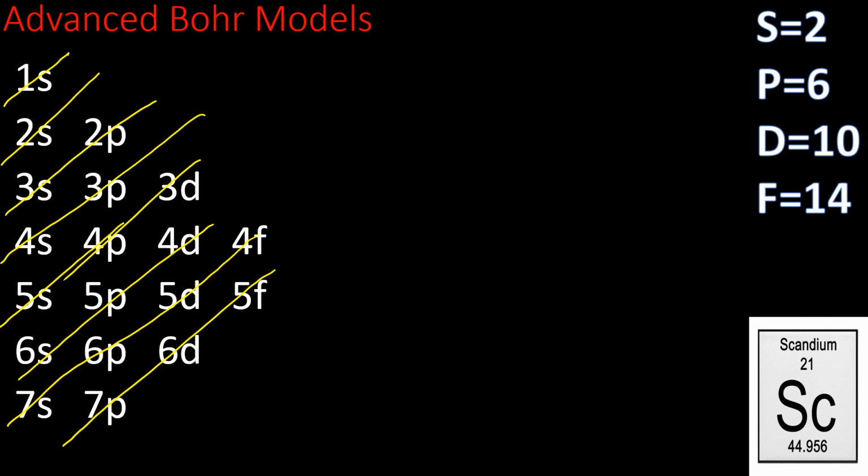This is how you would follow along with this model. You move in a diagonal across the diagram, and that's going to tell you how you're going to fill out your valence electrons.